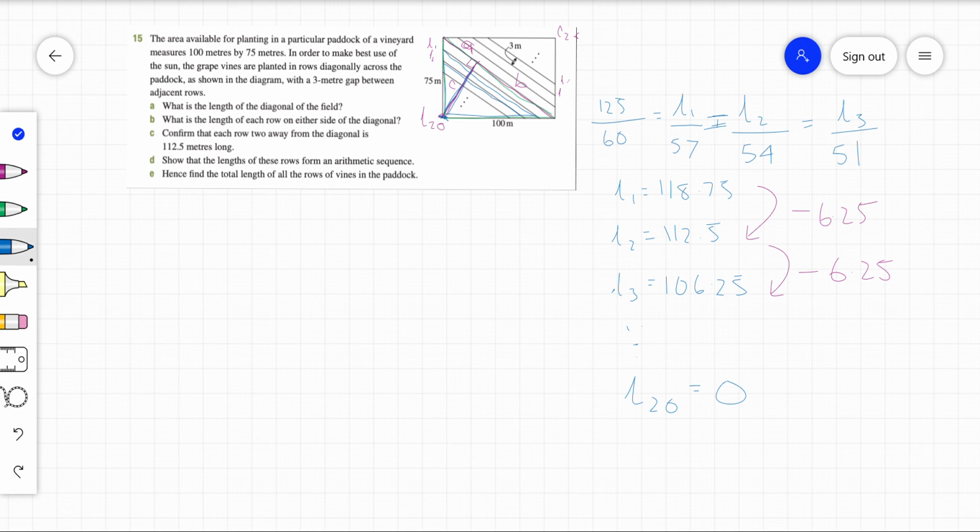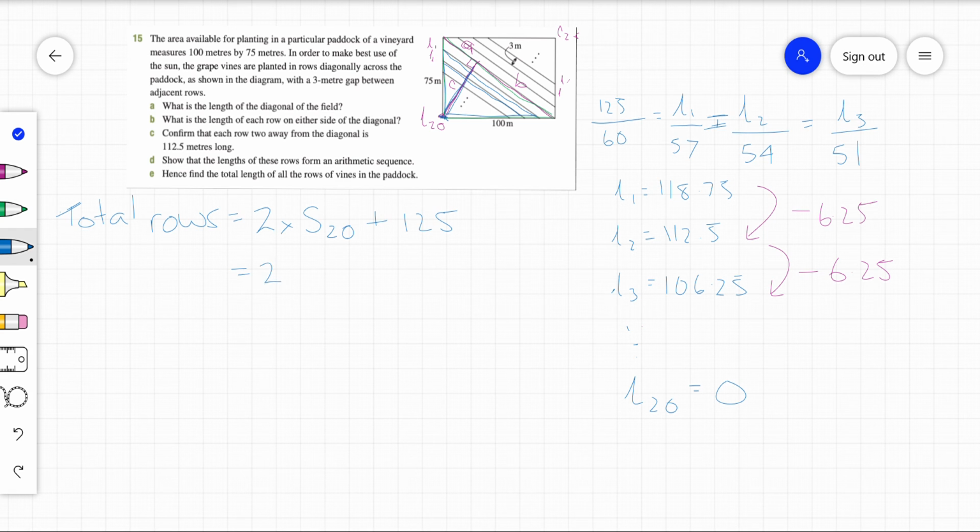So if I'm summing the total, my total rows, I'd be doing 2 lots of my sum of 20 rows because they're on either side of that diagonal, and don't forget the original diagonal, which was the A plus B, or 125.